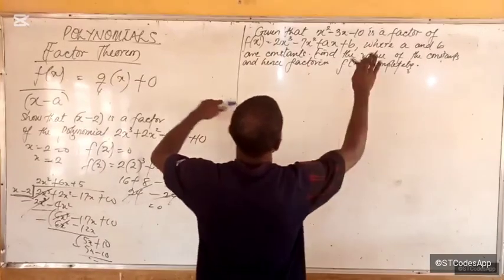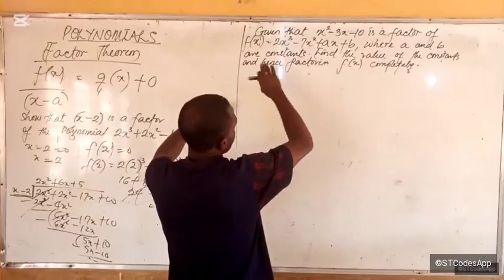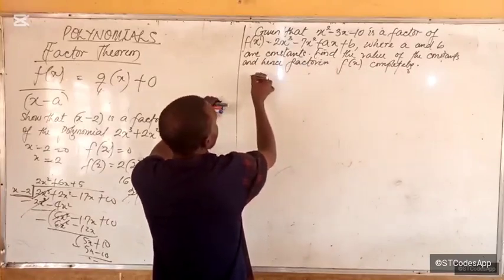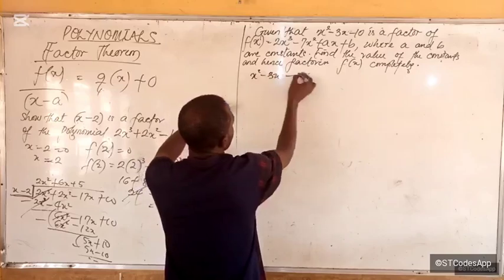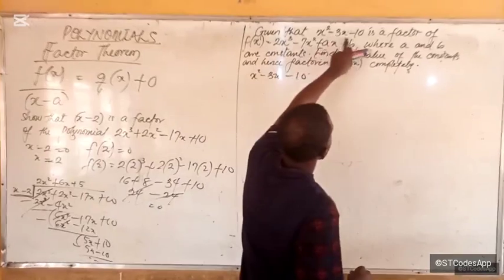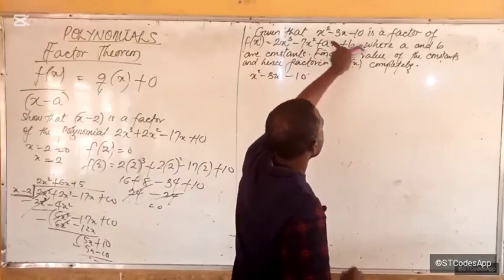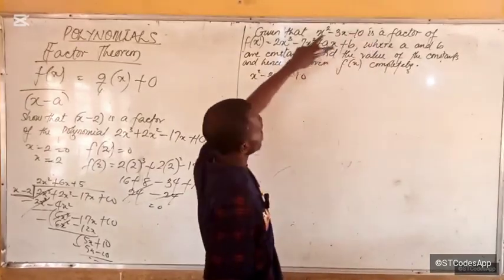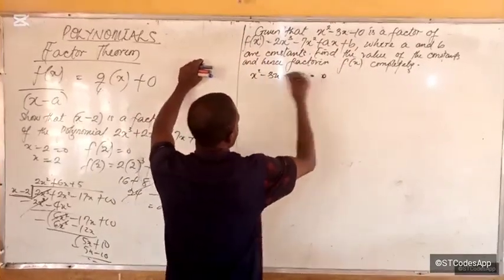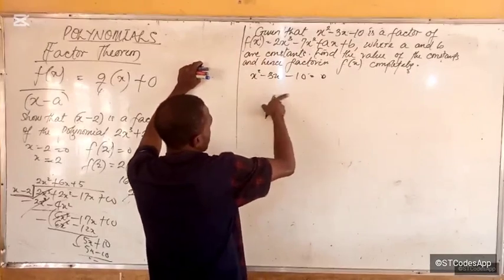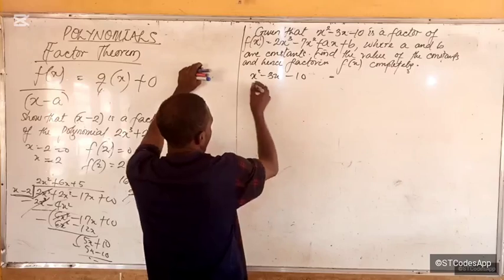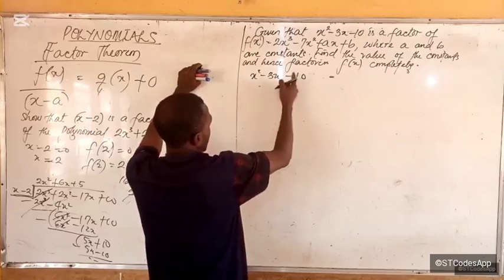It says that x squared minus 3x minus 10 is a factor of that. It means that let's get what factors are here first. What's the root of this quadratic equation first? Let's factorize this. How do you factorize? We have 10, 5 and 2.